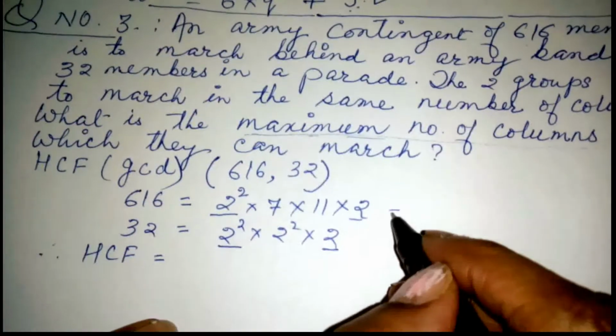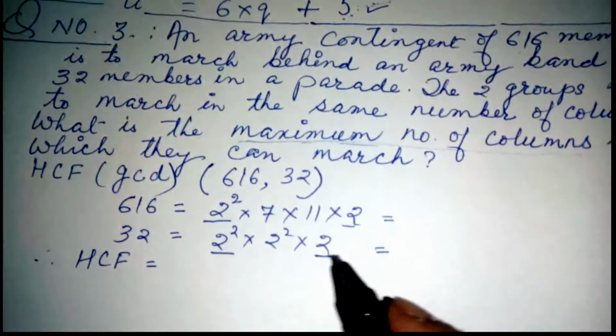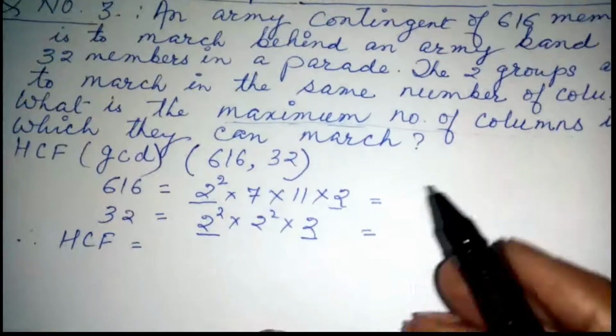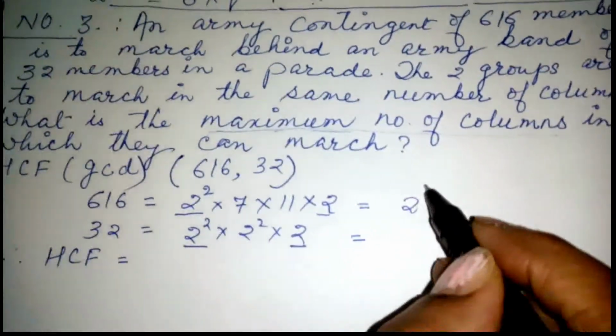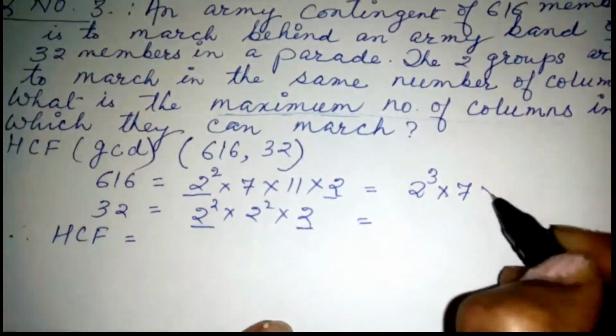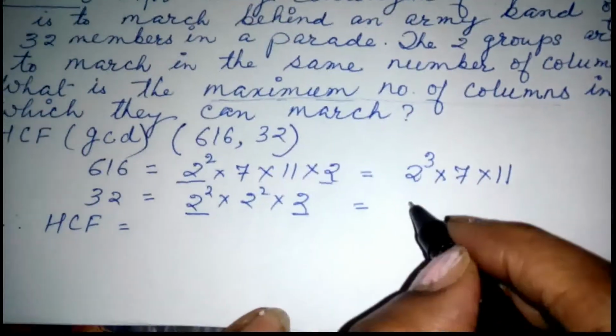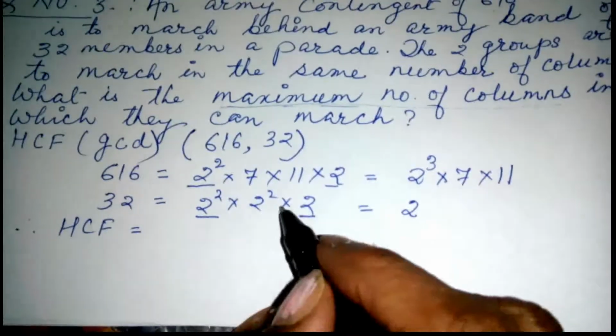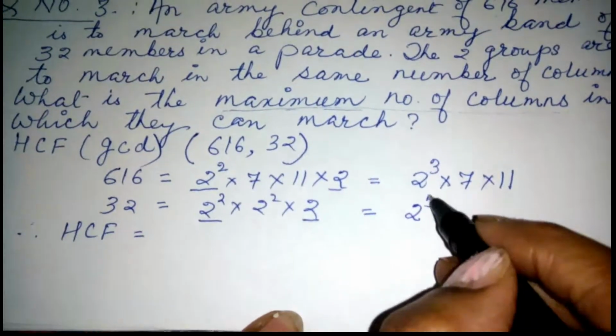Once again I'll explain how to find out the common factors. If you write together, 616 is 2 cube into 7 into 11, and 32 is 2 to the power 5.